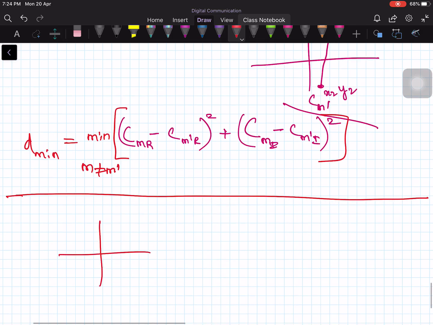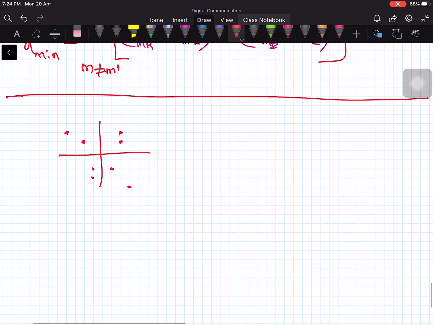See, I have the constellation like this. I'll put the points like this, and put one point here, put one point here, then let me draw like this. Now what I do is the same thing. So I put 2 points here and 1 point here, 1 point here, and here also 1 point here and 1 point here, and 1 point here and 1 point there.